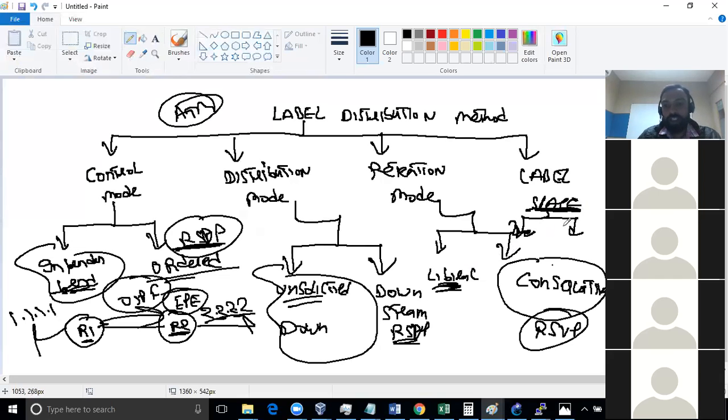You will recognize this label space with 0. 0 means this is a per platform implementation. Label space plus the router ID makes your LDP ID.